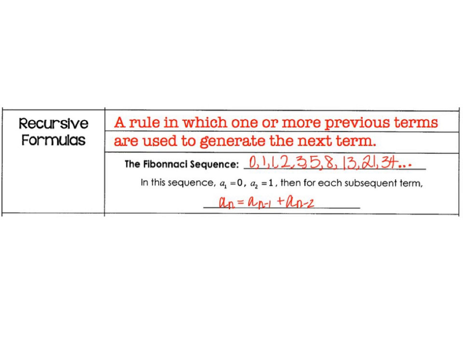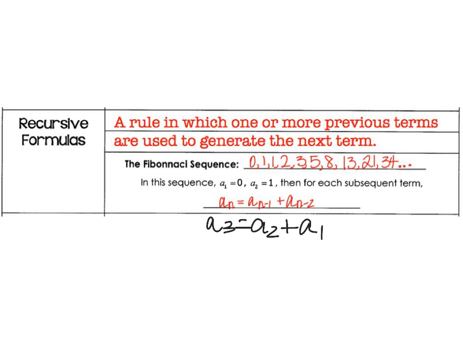So what you're saying is that A sub n, the nth term, is equal to the previous term plus the term before it. If n is 3, if we're looking for A sub 3, our third term, then with n minus 1 and n minus 2, that would be our second term plus our first term.